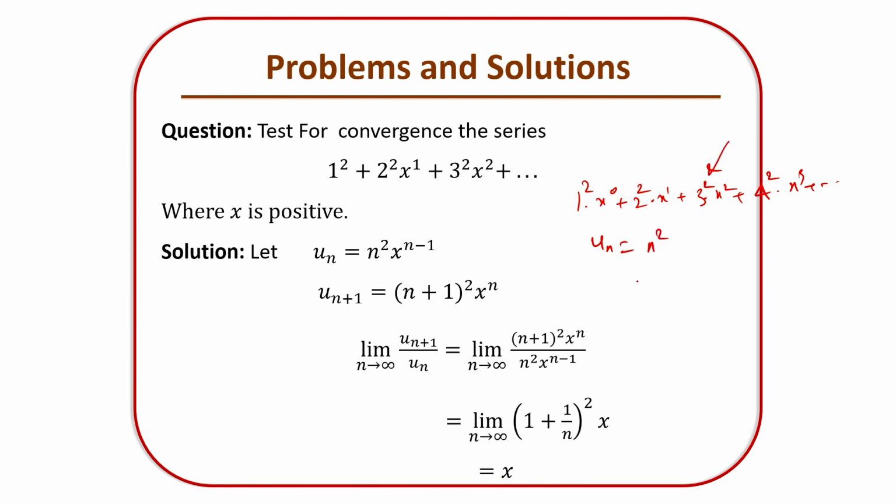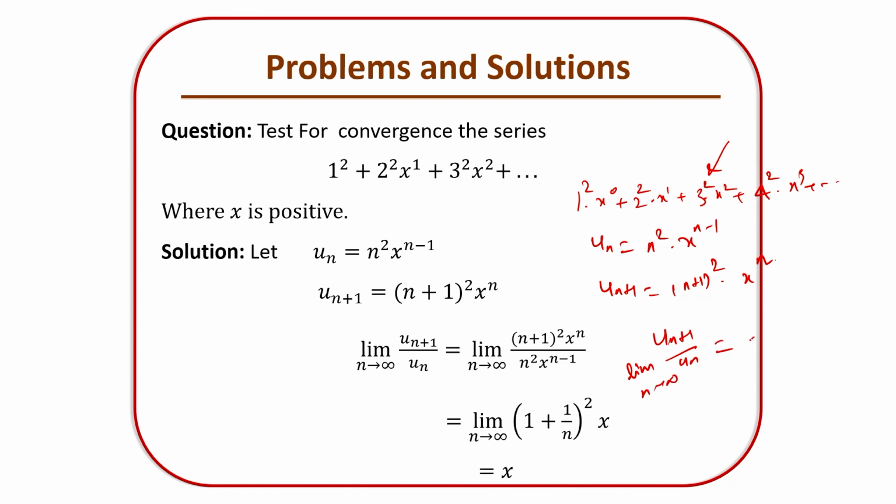Look at this, the third term. So n square into x to the power n minus 1, right? That is the u_n. So we will find out u_(n+1) is equal to (n+1) whole square into x to the power n. So henceforth, u_(n+1) by u_n, taking the limit n tends to infinity.